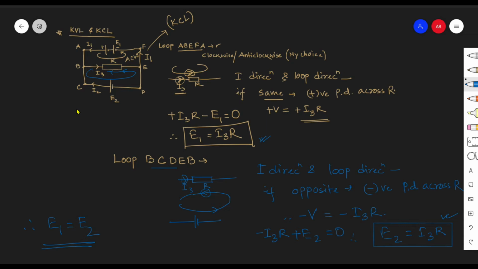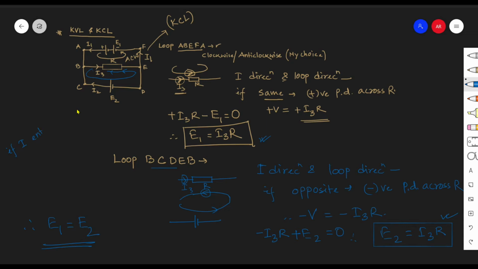Looking at these two expressions again, E1 and E2, you see the right hand side is the same. E1 equals I3R, E2 equals I3R. That means we can conclude from these two equations that E1 and E2 are the same. They have the same EMF, same voltage.